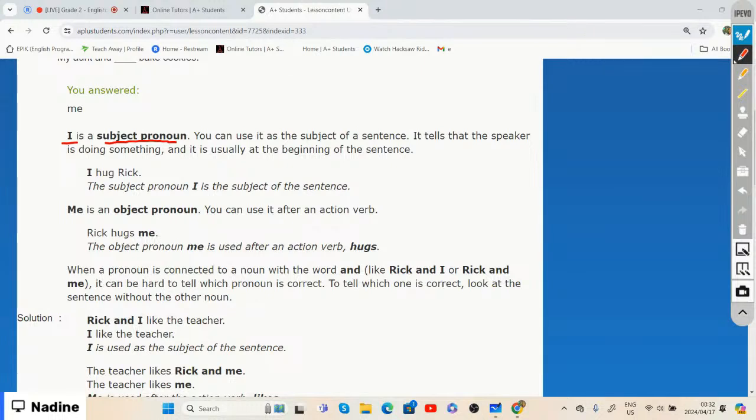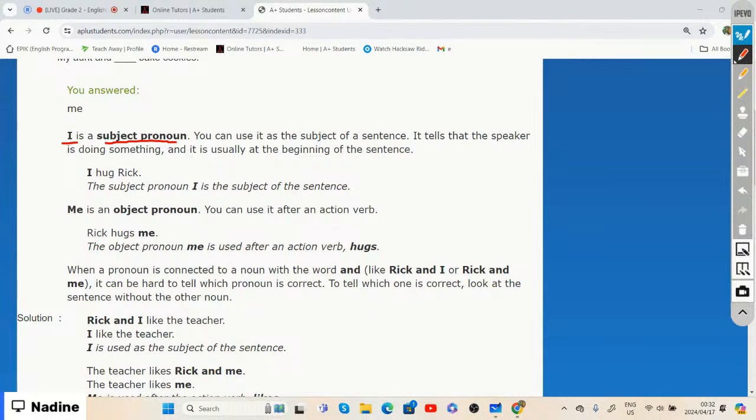And it tells that the speaker is doing something. For example, I hug Rick, right? So who is doing something? I am doing something because I hug Rick. So our subject pronoun is the word I.